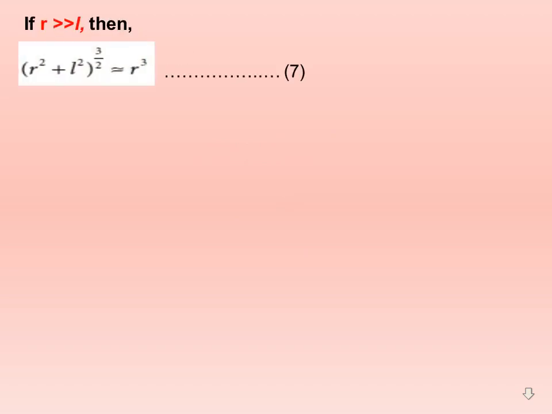If the distance between the two poles in a bar magnet is small when compared to the distance between the geometrical center O of the bar magnet and the location of the point C, then r is very much greater than L. We put (r square plus L square) the whole bracket 3 by 2, while L is neglected, so we get r cube.